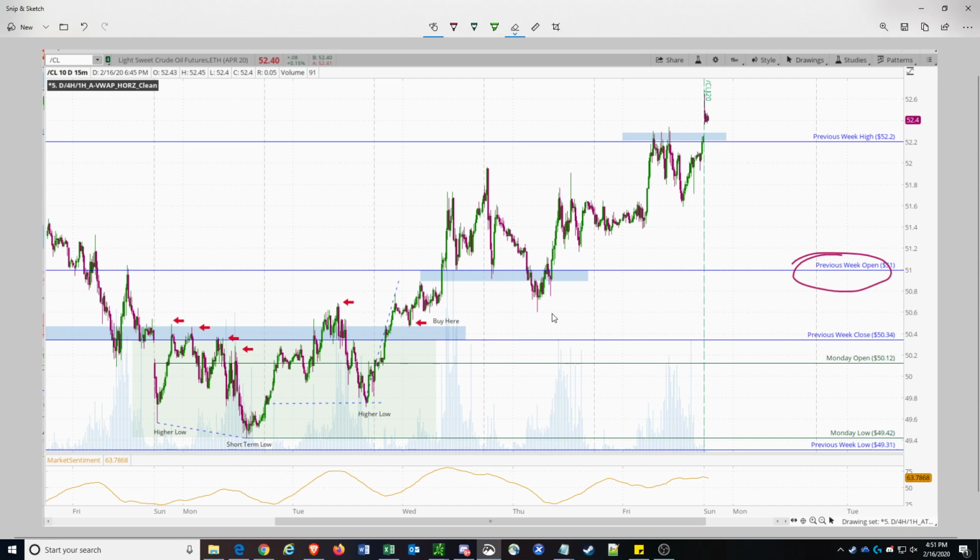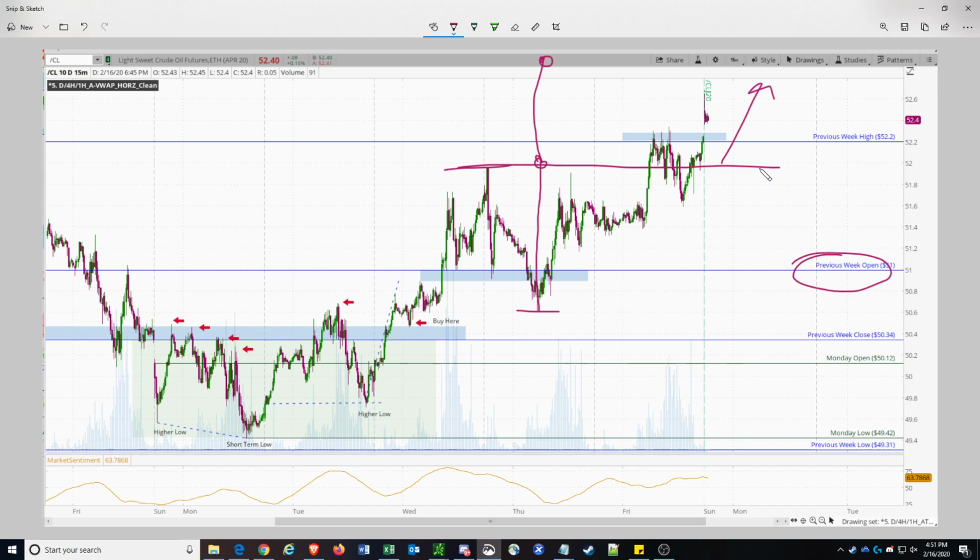Well, if this was the pivot, then we're going to look for twice the distance as a take profit. If you took profit there, it wasn't a bad idea, but I'm inclined to think that crude oil is not done here.